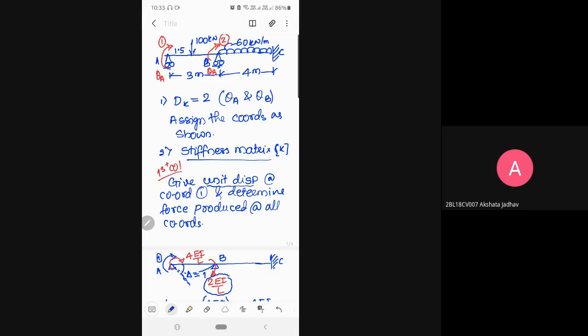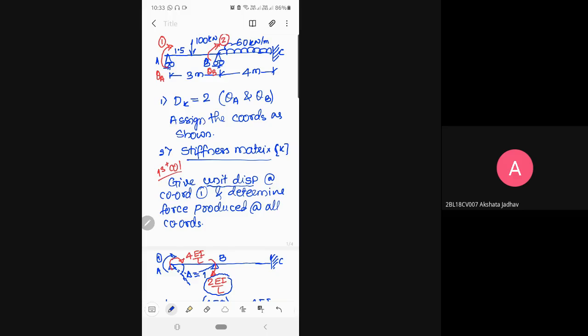But there is no external couple at A and no external couple at B. Suppose you have a 3 kilonewton meter couple at A and 2 kilonewton meter at B, then for 1 you equate to 2 and for 2 you equate to 3, like this. But there are no external forces at 1 and 2.